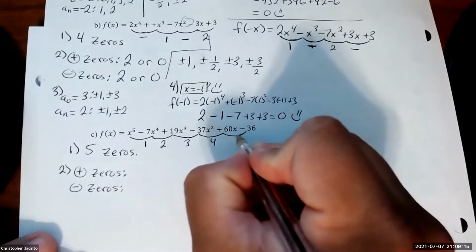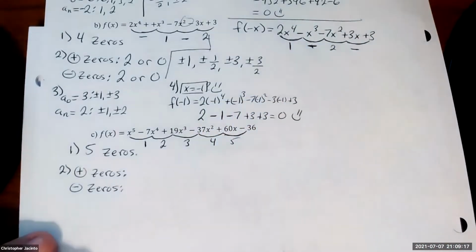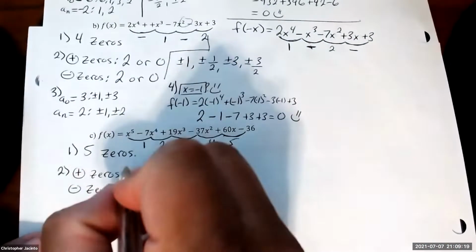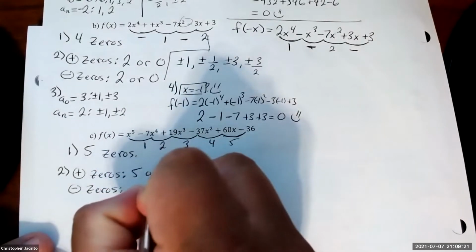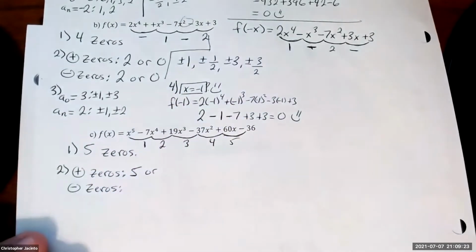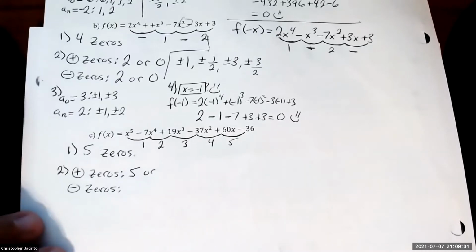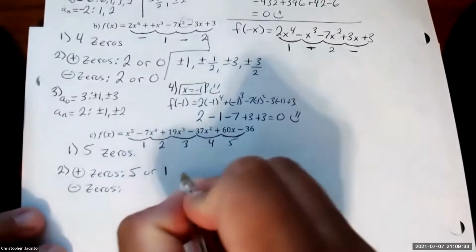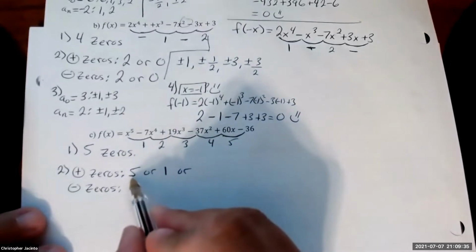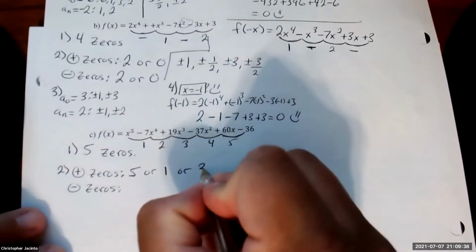And ooh, all sign changes there, right? So a total of 5 sign changes. Or all the even numbers minus 5. So the even numbers between 0 and 5 are 2 and 4, right? So 5 minus 4 is 1, or 5 minus 2 is 3.